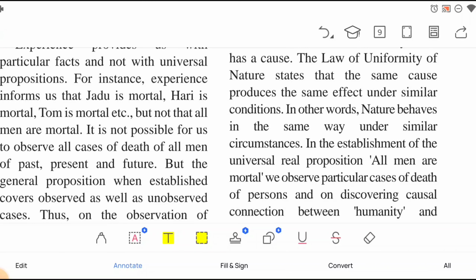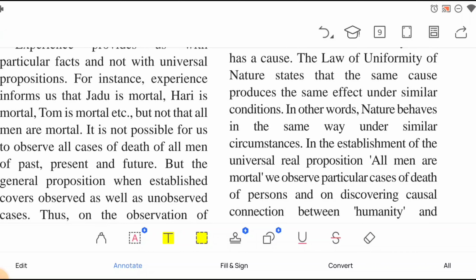Our death is a natural thing, and if people are dying, nature will keep behaving in that way, right? Nature will always behave uniformly.